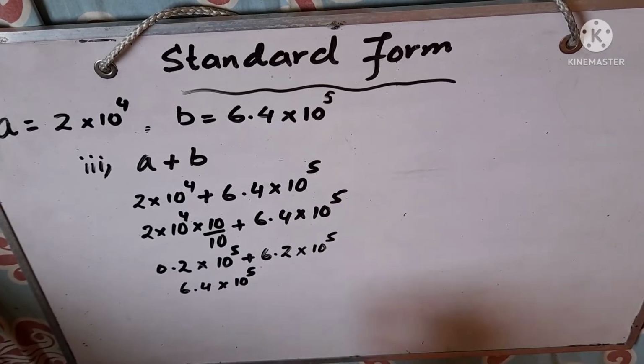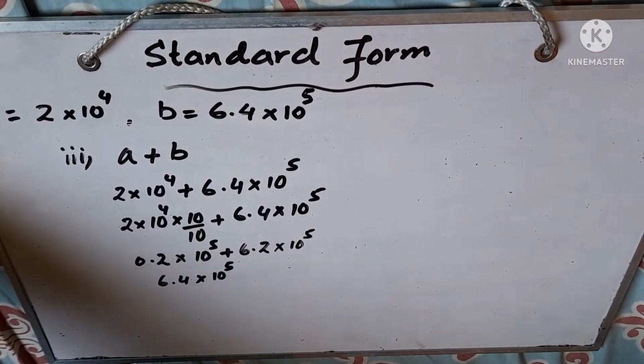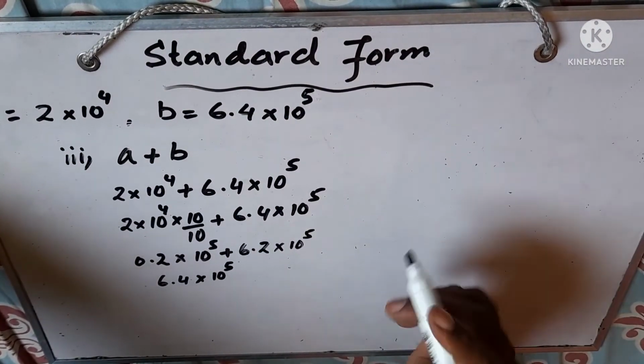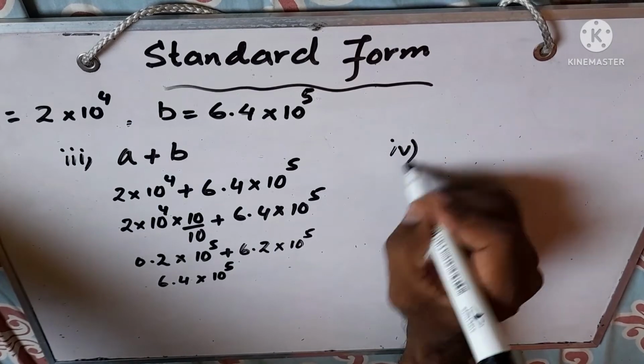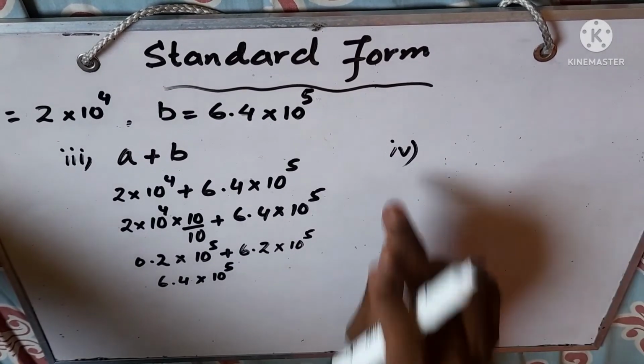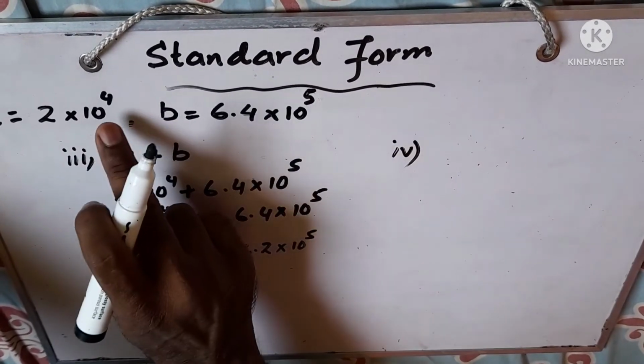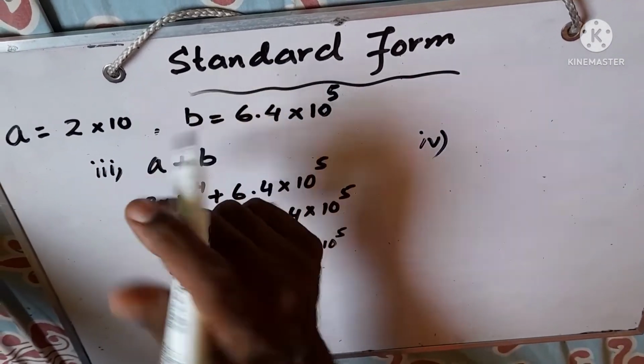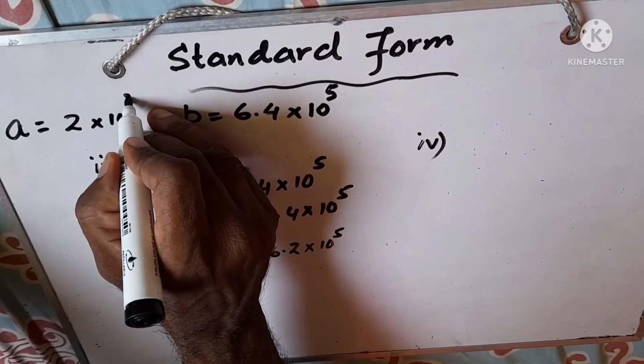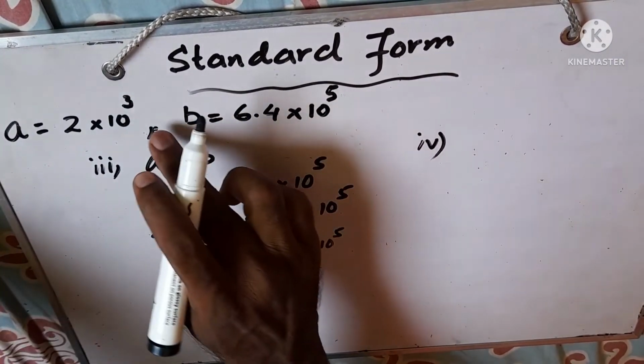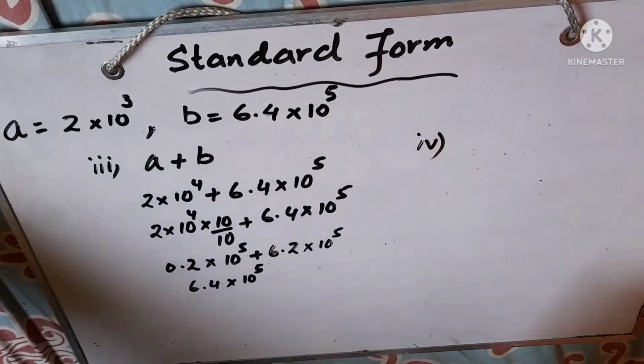Okay, now let's suppose a part which is slightly difficult, part 4. For this part, I will change the power of A from 4 to 3, to make things slightly difficult.